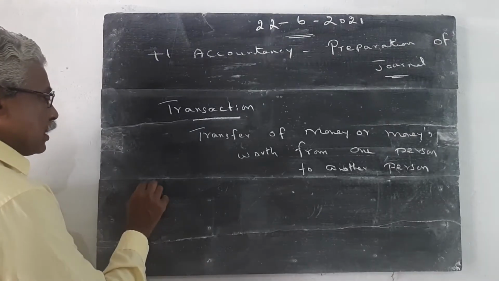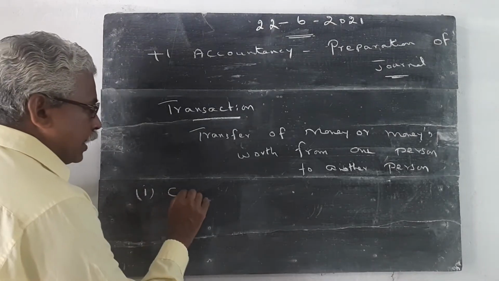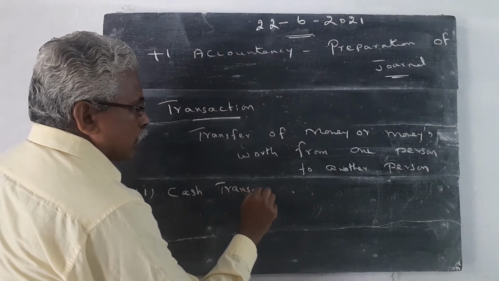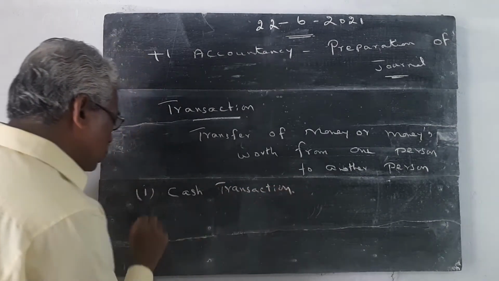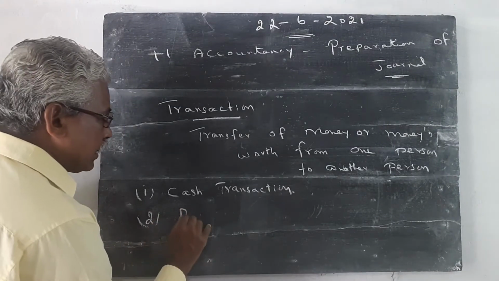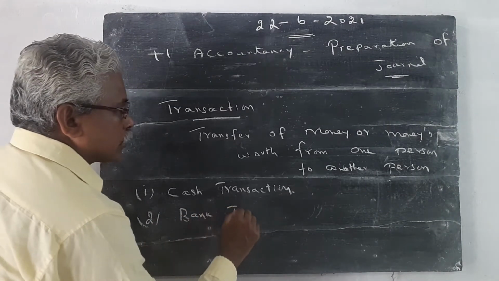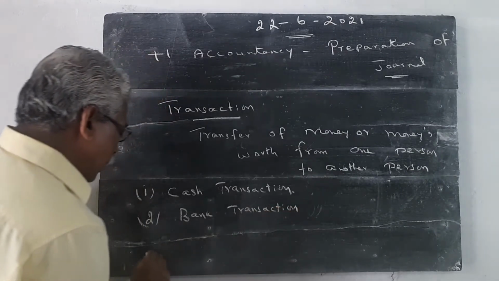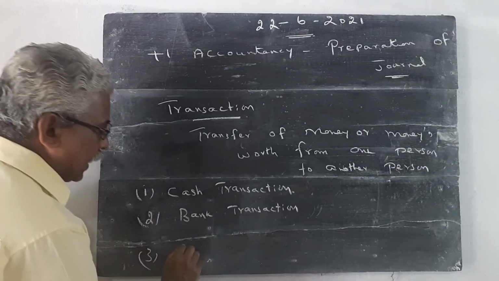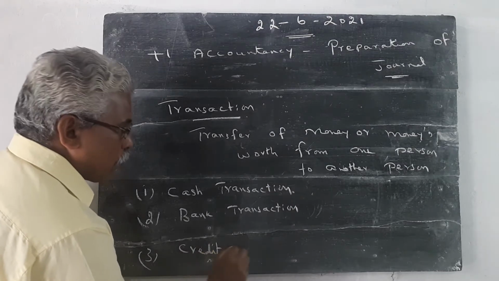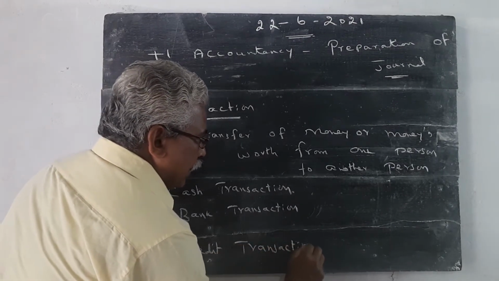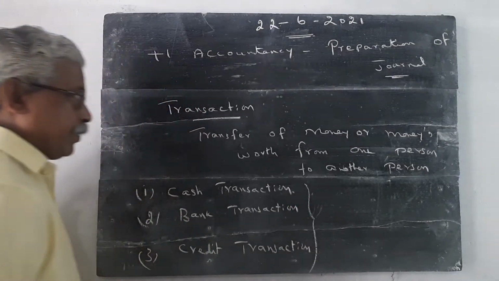The transactions are classified into 3. Number 1, cash transaction. Number 2, bank transaction. And number 3, credit transaction. These are the 3 types of transaction.